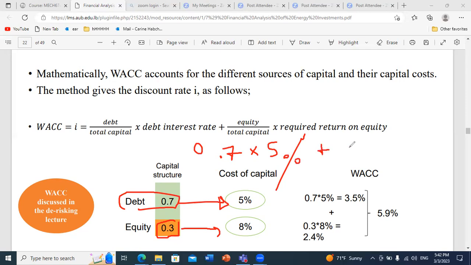So you should add 0.3 times 8%. For example, here the value of the discount rate is nearly 5.9%, about 6%. Then you will use this value of I in your calculation. While if you have just 100% debt, then your discount rate will be 5%. If you have 100% of your own money, you put the discount rate as 8%.